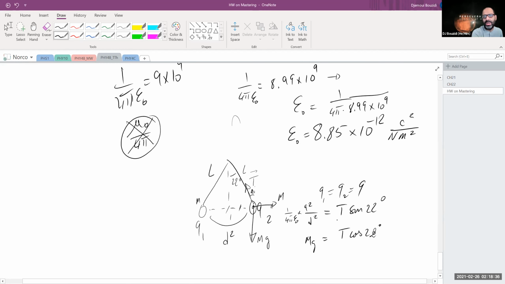You take the ratio of those two expressions, and all of a sudden you're dealing with a tangent on one side, and you get rid of the T. Now you're finding a value because you have M, you have g. You might need to use 9.8, don't use 10. And D, and this value is 8.99, use kappa for it if you need to, and that's it. So that's easy enough.